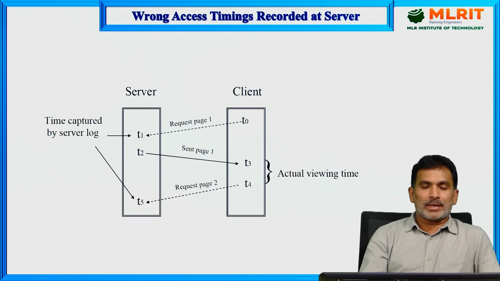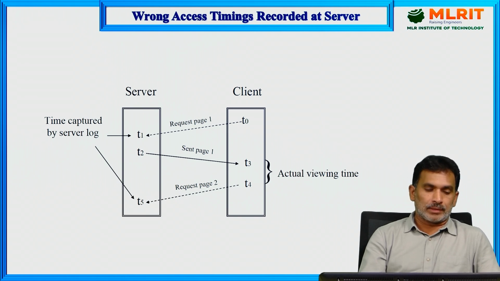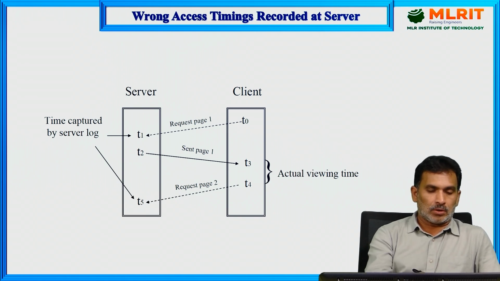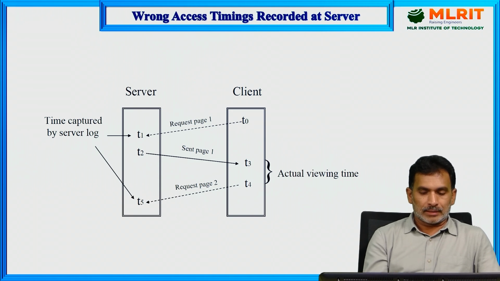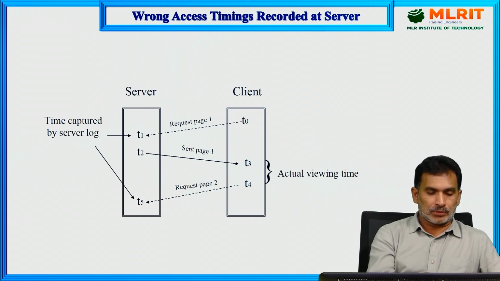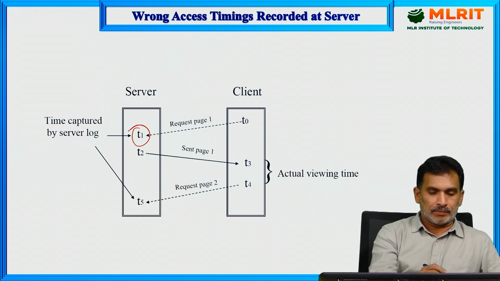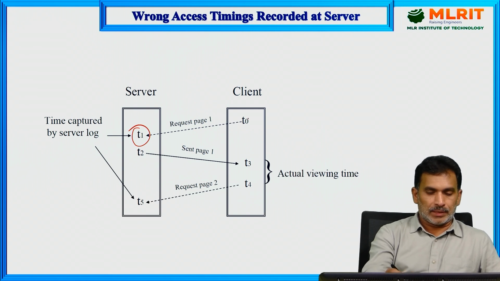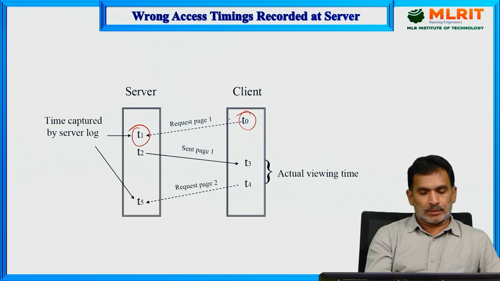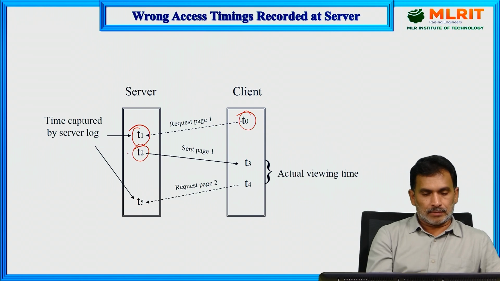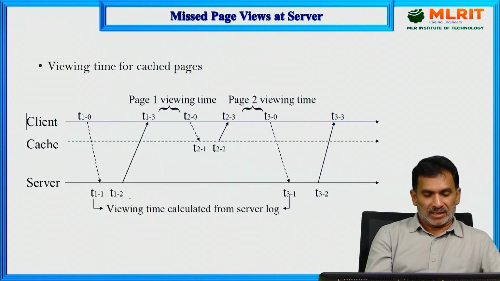Next one is wrong access timings recorded at servers. The time captured by the server logs differs from the client's actual viewing times. So here from this you can see the time captured by the server log, that is T1, the request for the page, and next T3, the server sending page 1 to the client, and then the request for page 2, that is T5.